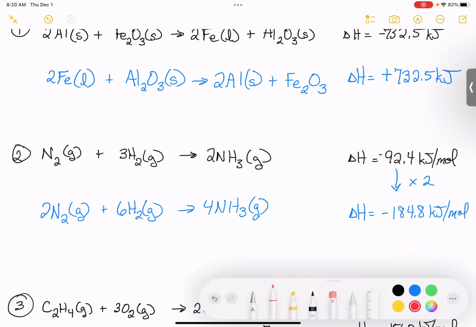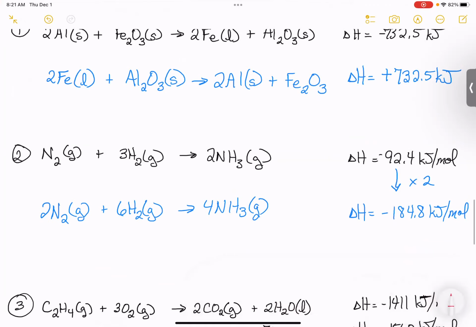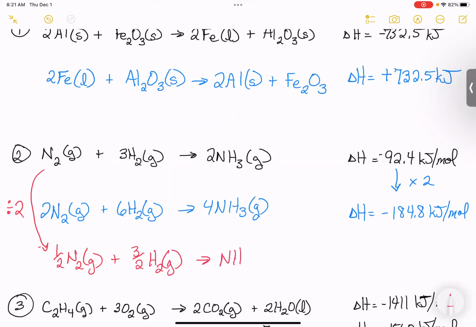If I were to take this reaction and instead of multiplying it by 2, I instead were to divide by 2, so that I have 1/2 N2 gas plus 3/2 H2 gas going to form NH3 gas, then I would need to take that enthalpy and divide by 2 as well.